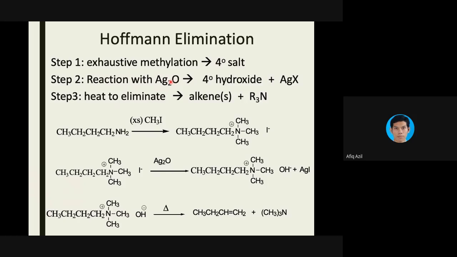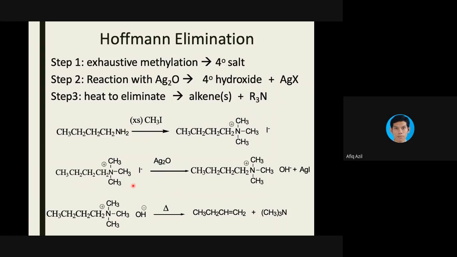So silver oxide, in which your quaternary salt just now will be converted into a quaternary hydroxide, plus AgX or silver halide. Where does this halide come from? The halide comes from the first step just now. Okay, you have this quaternary salt.